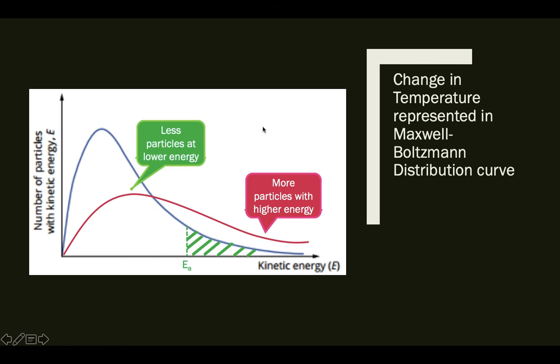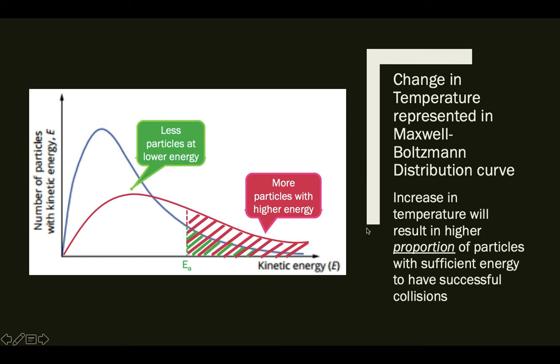And therefore, since activation energy remains the same, then you will have more particles at a higher energy range, and therefore a higher proportion of successful collisions will happen. So increasing temperature will result in a higher proportion of particles with sufficient energy to have successful collisions.